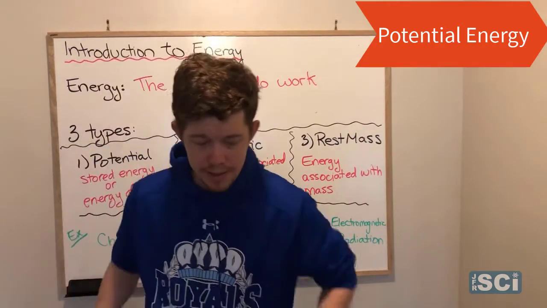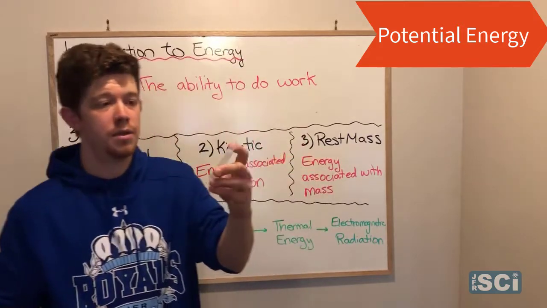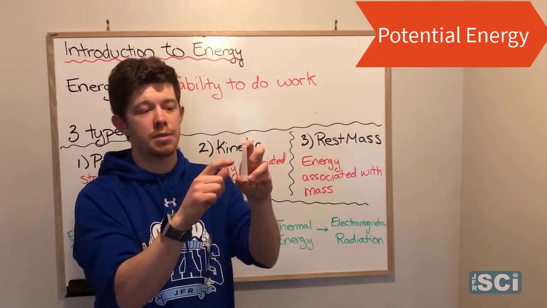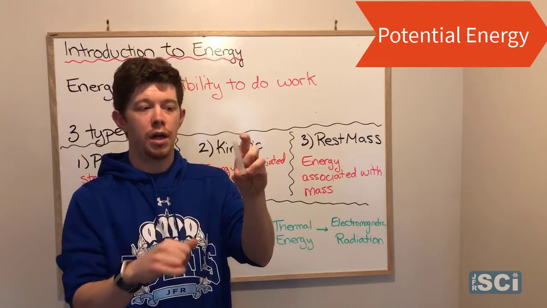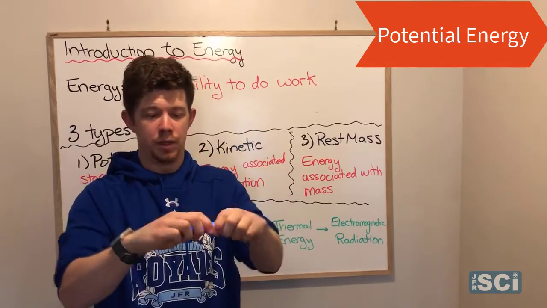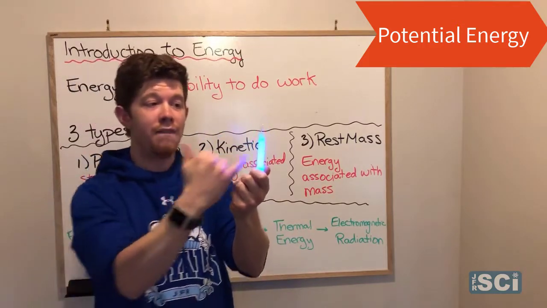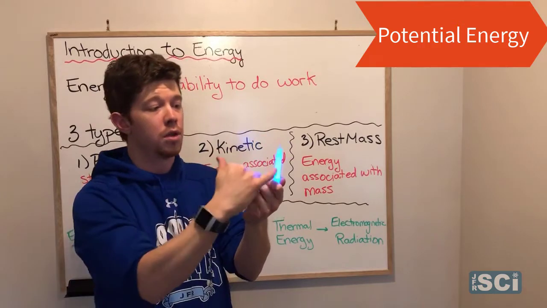Okay, the second one is shown in this glow stick. Inside the glow stick there are two different types of chemicals, and when they are connected by you breaking the glow stick, there we go, the two chemicals come together and they form an unstable molecule.